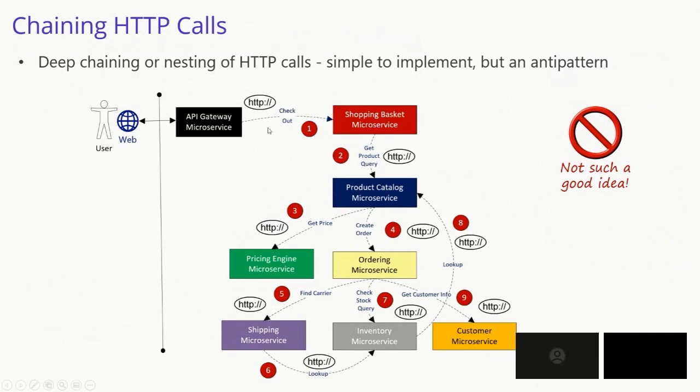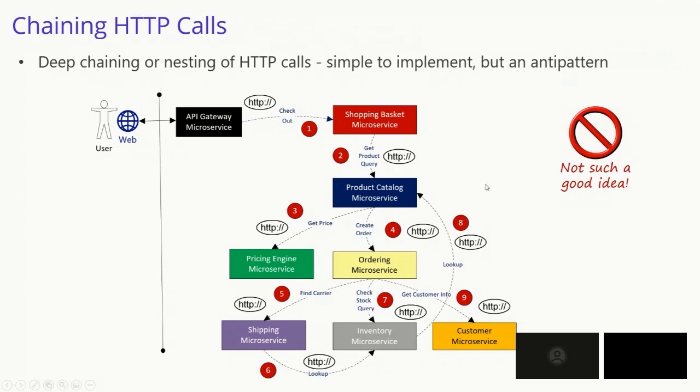The gateway sends the checkout message to the shopping basket. Look what happens here. Shopping basket does a direct HTTP synchronous call to product catalog, which then does a direct HTTP synchronous call to pricing engine, and in parallel, another direct HTTP synchronous call to ordering. The ordering does direct HTTP synchronous calls to shipping, to inventory, to customer.